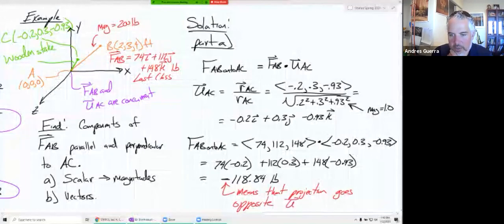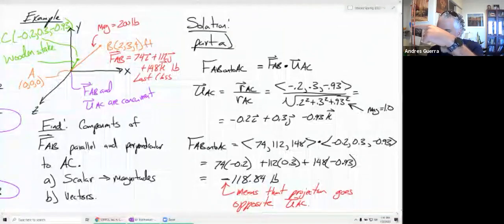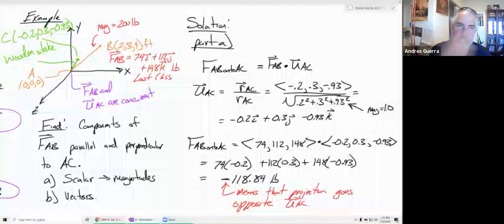That unit vector that we picked from A to C, because which way is that stake going to go? I talked about it, it's going to come flying out of the board and hit me in the head. But which way did our unit vector go? Our unit vector went into the board. And so it's telling us the force is not going to go into the board. The force is going to come out of the board. So it's really cool, actually, that it gives us that additional information.